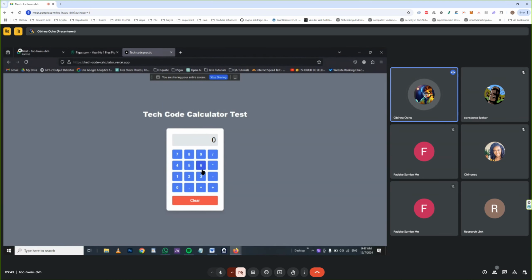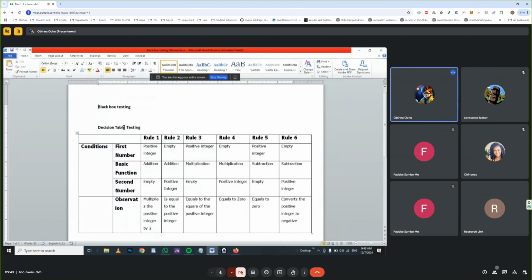Okay, so this is the calculator that I used. I was only able to do the black box testing approach, and I used decision table testing for this. The decision table testing allowed me to put in a certain number of rules that I can test.